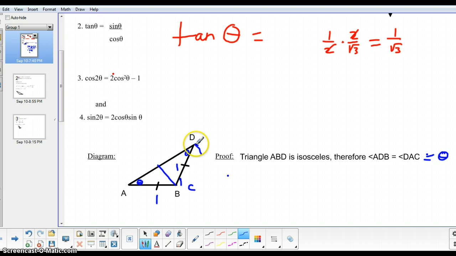Our angle of DBC, and we can create a straight line down here. That would make BCD a right angle.